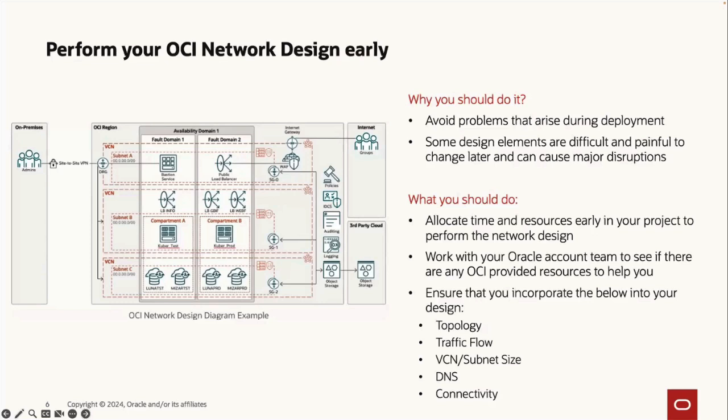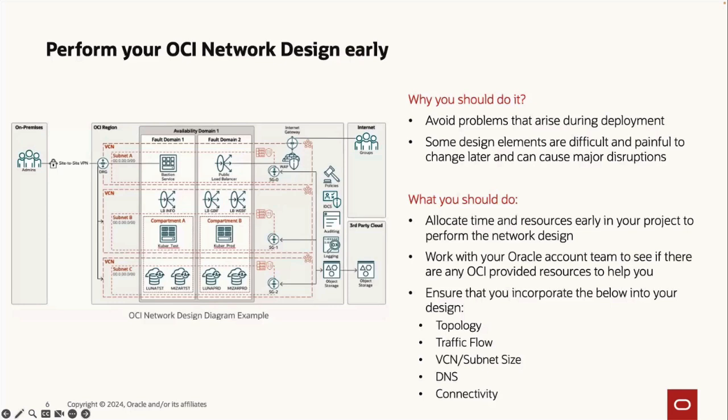It is something my team does on a regular basis as well. So if you need help with network design, maybe you have some questions, you can reach out to your Oracle account team and potentially get myself or Rafi or anybody else on our team to help with that.